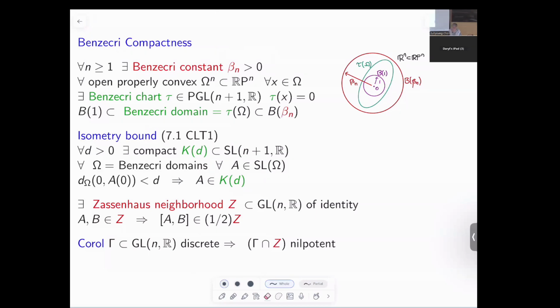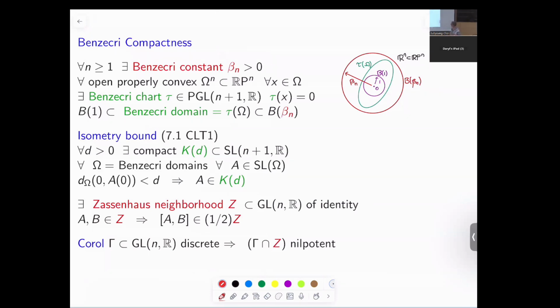Once you know that, you get the following. This is saying that the set of properly convex domains, comma, point in the domain, is a compact set. Given a domain omega and a point in there, you might ask about the subgroup of projective transformations that move that point a distance less than or equal to a constant d.